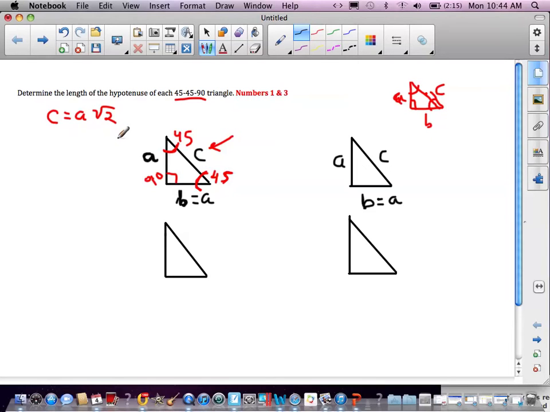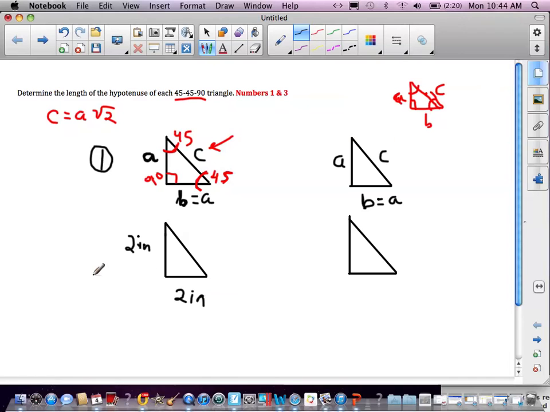So in this situation, if I take a triangle, for example, and in your skill practice for 4.3, this is problem number 1. Okay, problem number 1. I'm going to say that the length of one leg is 2 inches. And since they're the same length, then I know that this must be 2 inches.